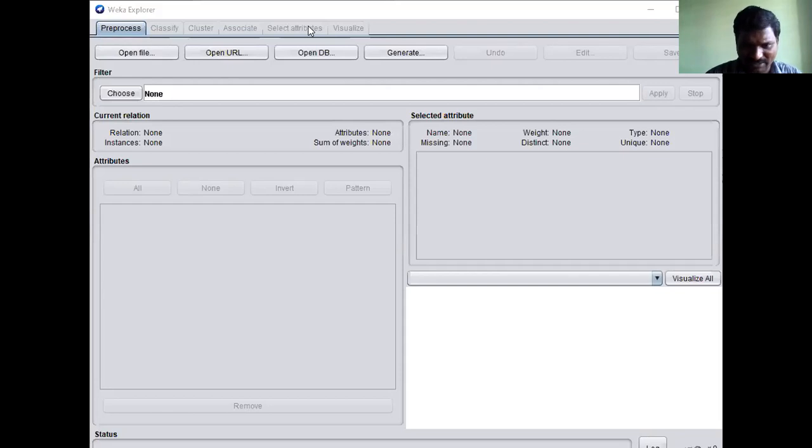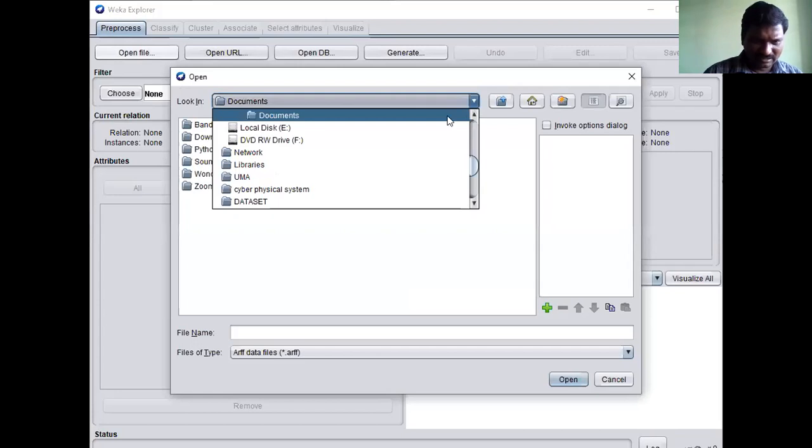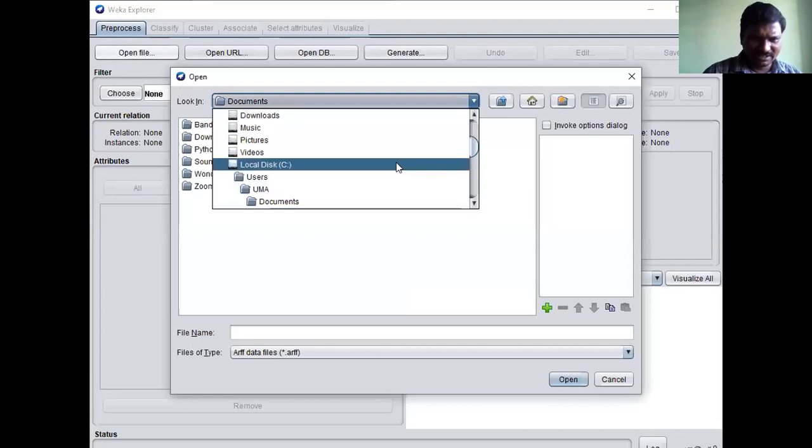For this one, I am taking the data set. Here I am taking the same data set, for example, the AllElectronics customer database data set. Here I am selecting the file. I already prepared that file, the customer data set.